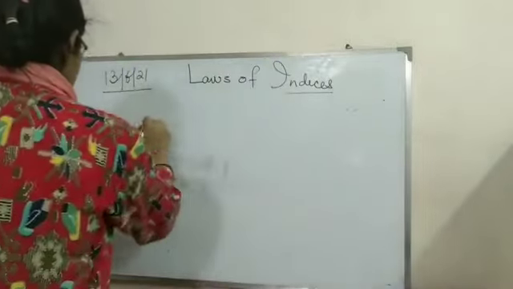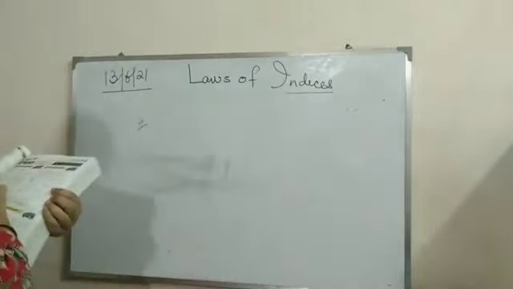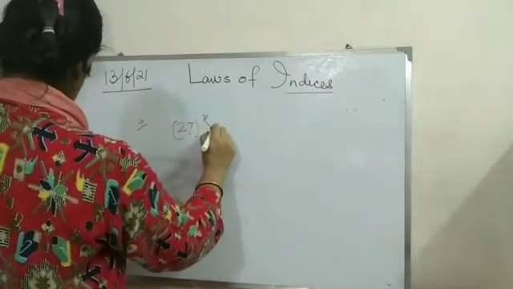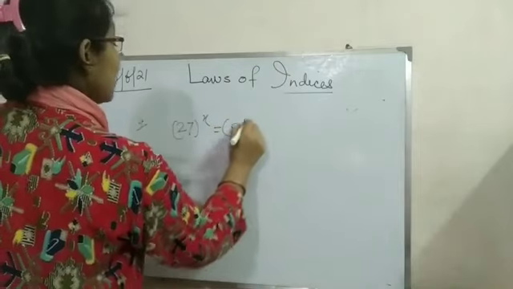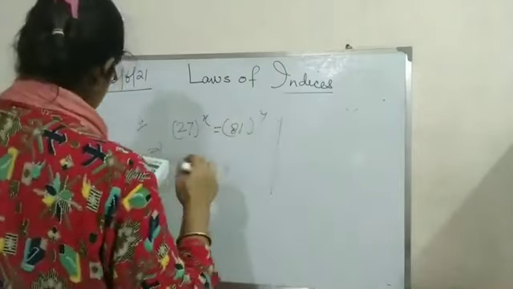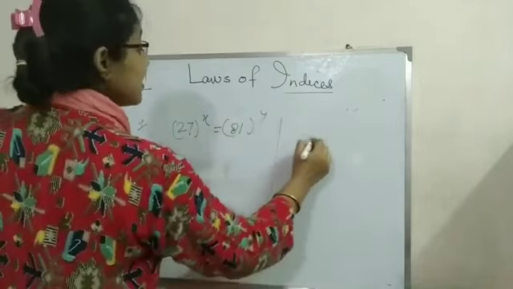Sum number 4 is 27 whole to the power x equal to 81 whole to the power y. We have to find x is to y.